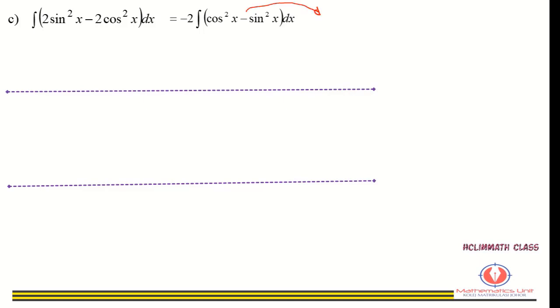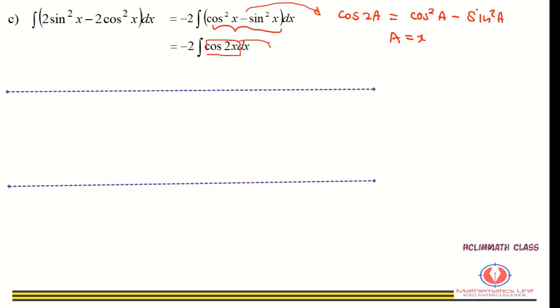I try to convert the trigo functions cos square and sin square into the double angle of cos, where cos 2A is equivalent to cos square A minus sin square A. If I substitute my A equivalent to x, I may have the term cos square x minus sin square x as the function cos 2x here. And I start to integrate this, so I have sin 2x over 2 and I simplify with the minus 2 here. That's why I will have the minus sin 2x plus c.